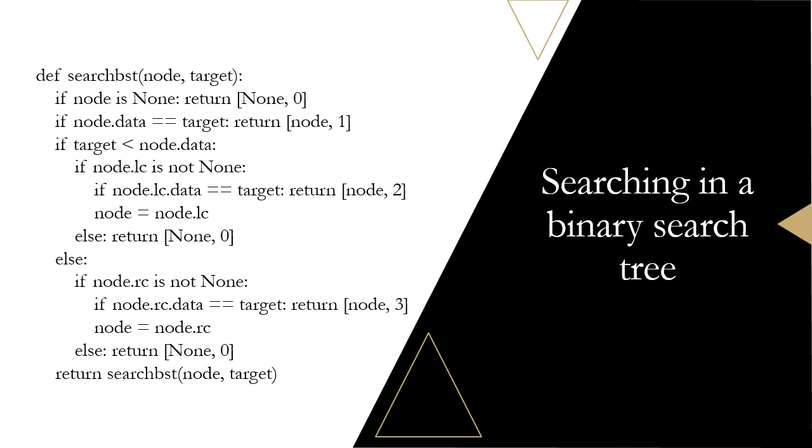So when we are searching in a binary search tree, search proceeds in only one part of the tree. From the root, it goes to either left or right. Then from the next node, it goes to either left or right. So we don't search the whole tree, we only search one subtree of each node.